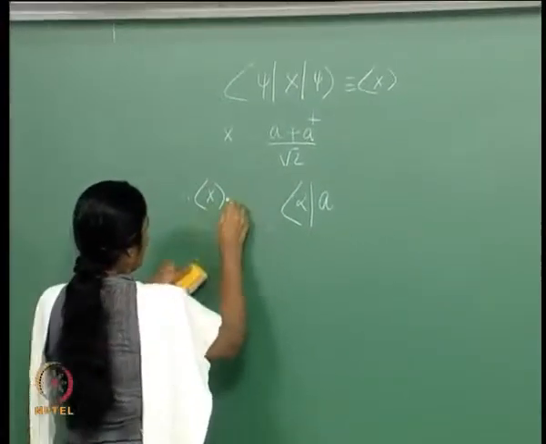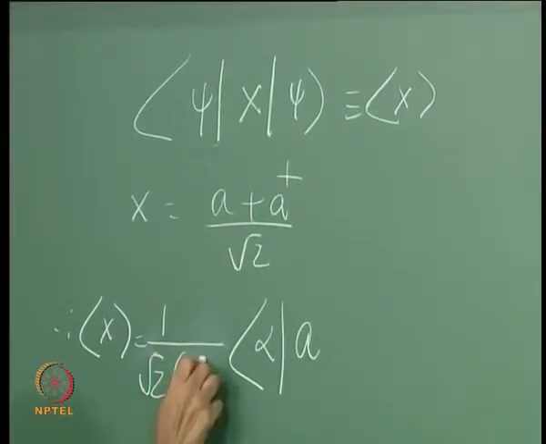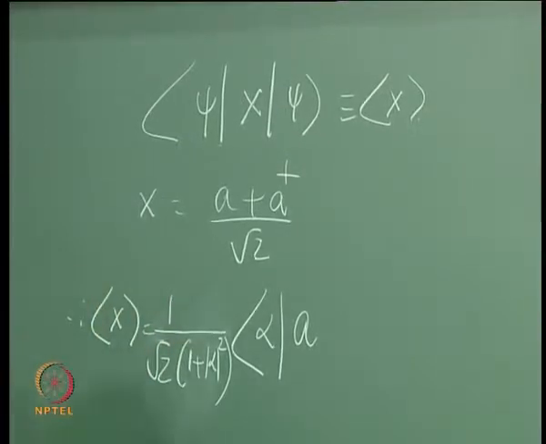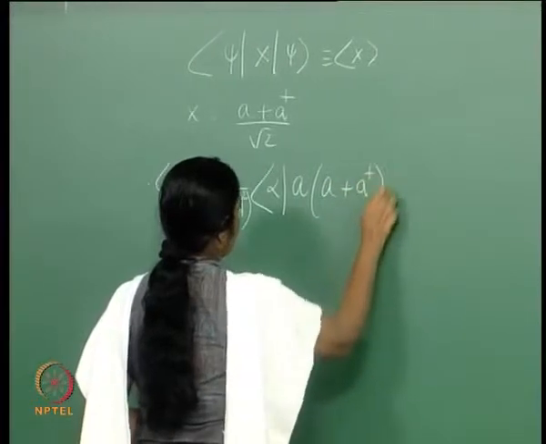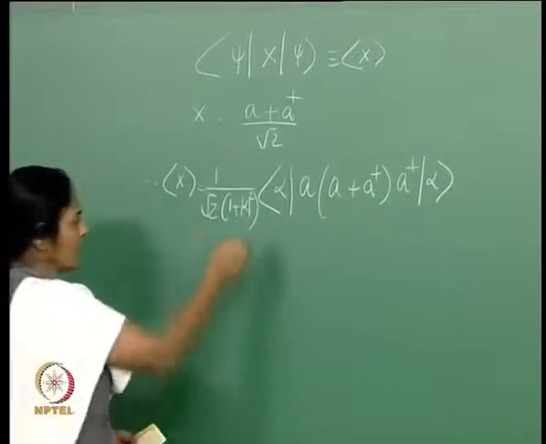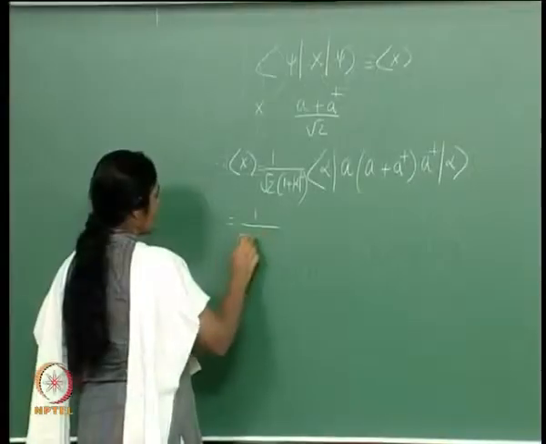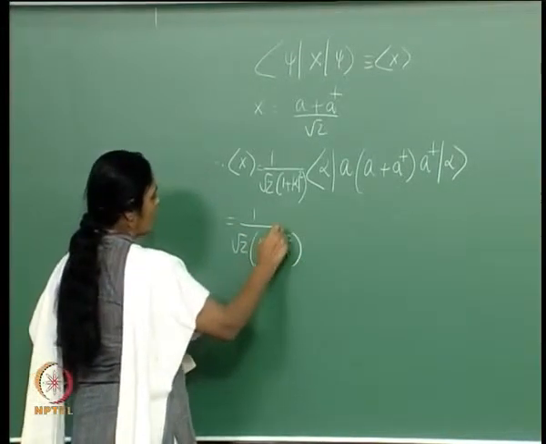So, a 1 by root 2 that came from x and a 1 plus mod alpha squared that comes from the normalization of the state, A plus A dagger on ket alpha. So, this is what I have.